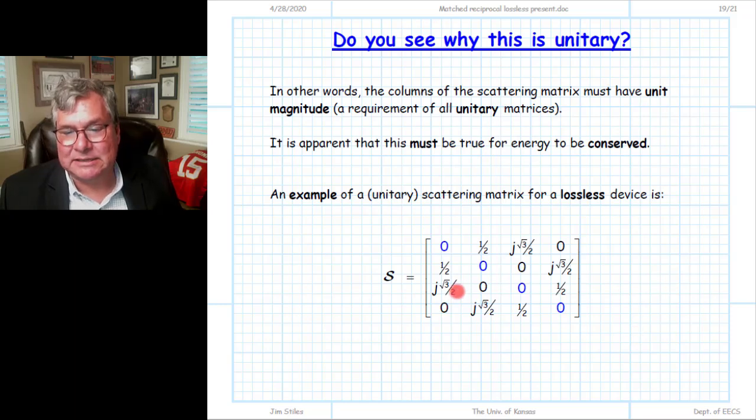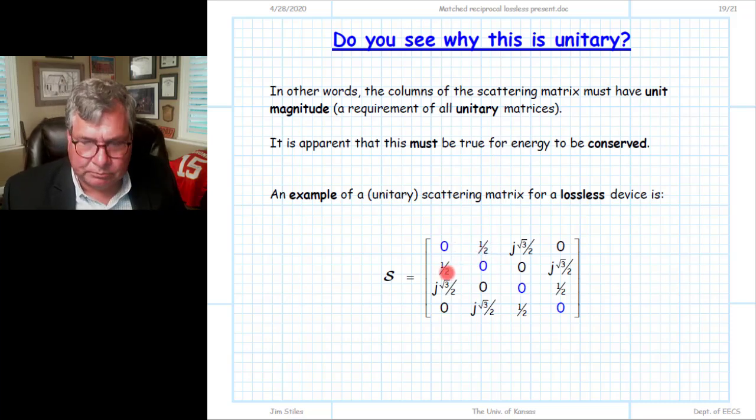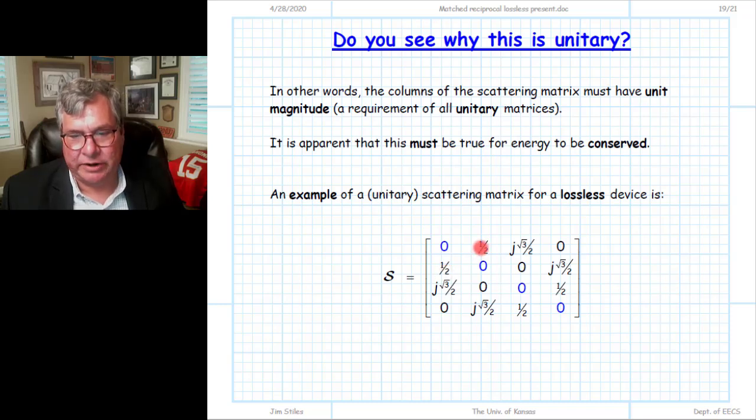Also notice this is a symmetric matrix, that the off-diagonal elements reflected across the diagonal are the same. S21 is equal to S12. S31 is equal to S13, for example. And likewise for these elements here. So this is a symmetric matrix.